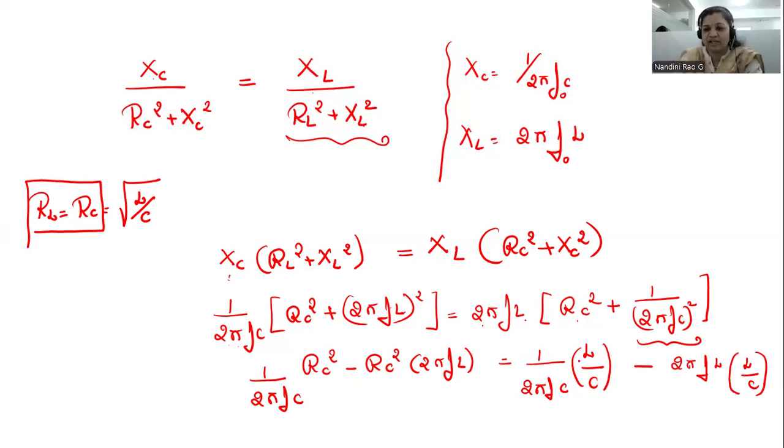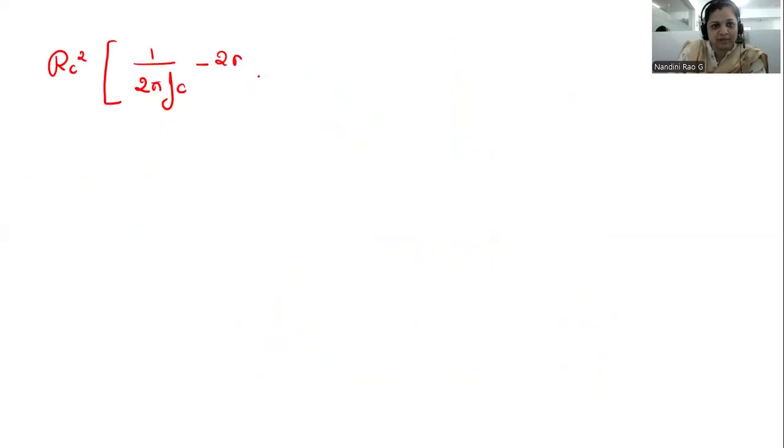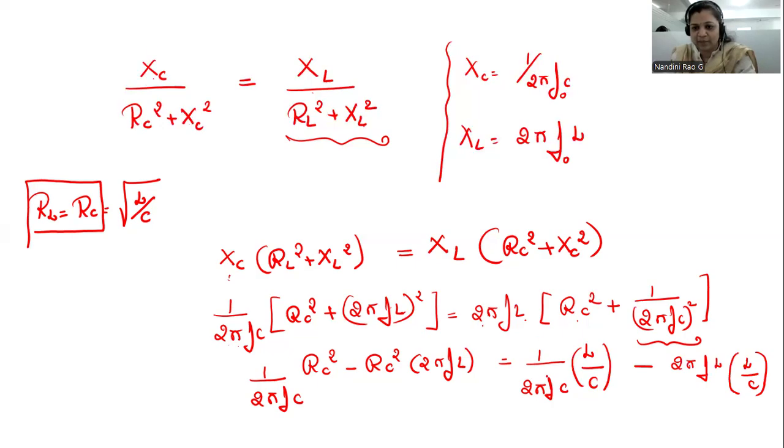Now I'll take all the common terms out. Let me write it here: RC square times 1 by 2 pi FC minus 2 pi FL is equal to, see here, 1 by 2 pi FC minus 2 pi FL, with L by C taken as common.